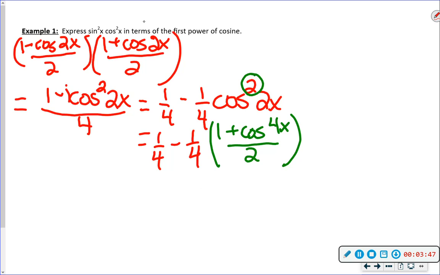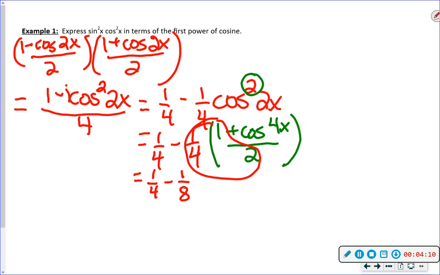We just have a hot mess of simplification here. We should distribute this 4 through, and clean up any fraction work that needs to be cleaned up. So 1/4, now this would really be a half, so I'm going to put this 1/4 and 1/2 together and make it 1/8. Of course, right? Common sense.